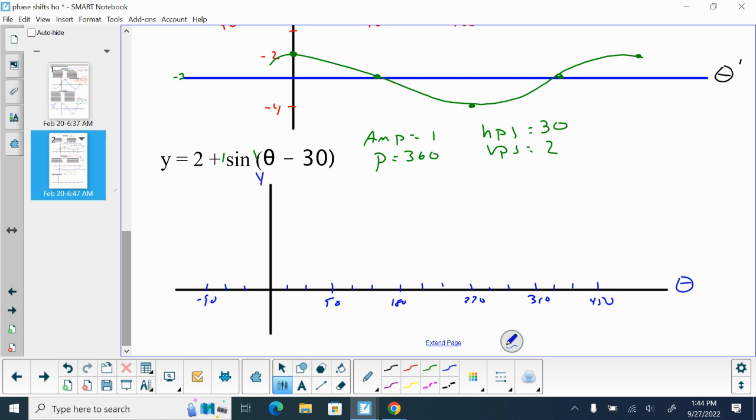On my y-axis, I have a vertical phase shift of 2 and an amplitude of 1, so I need to make sure I get up to at least 3. I'm going to go up to 4.